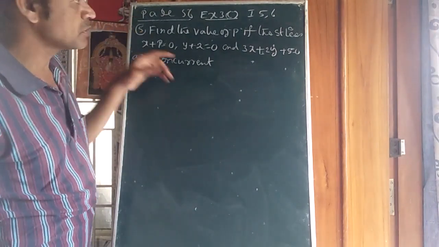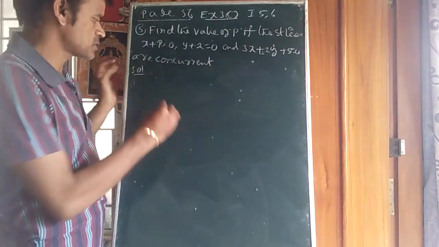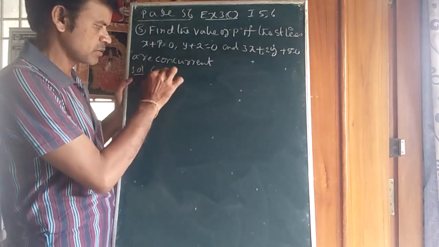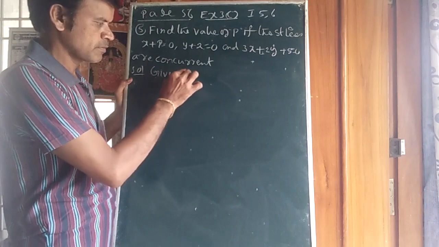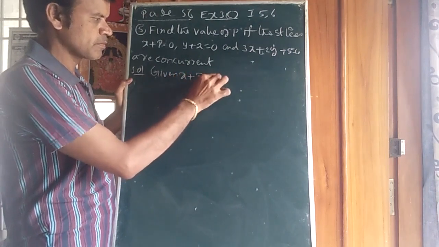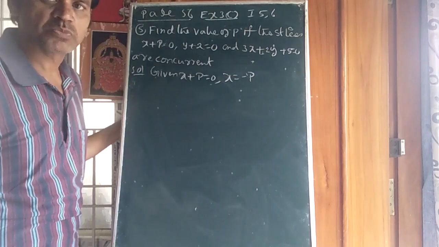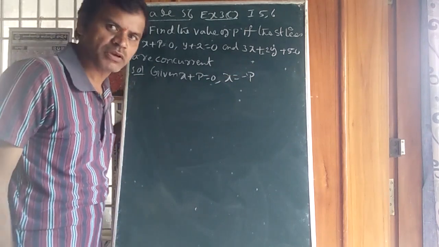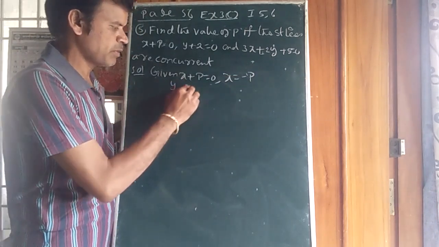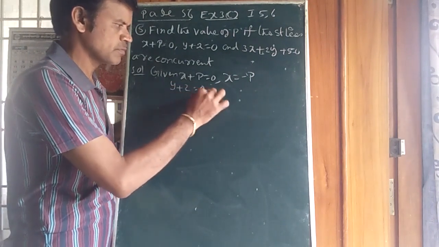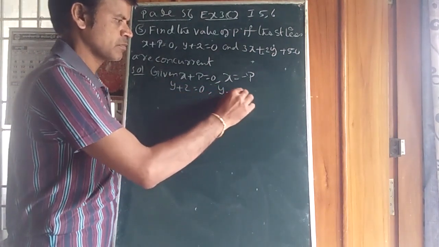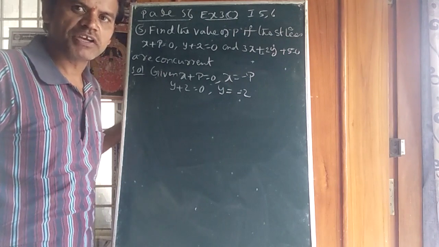X plus P equal to 0, that is x equal to minus P, and y plus 2 equal to 0, that is y equal to minus 2.